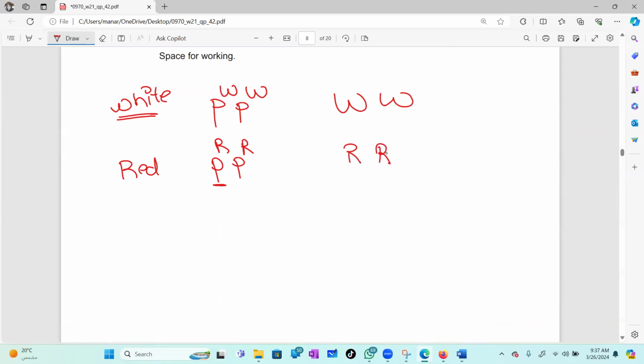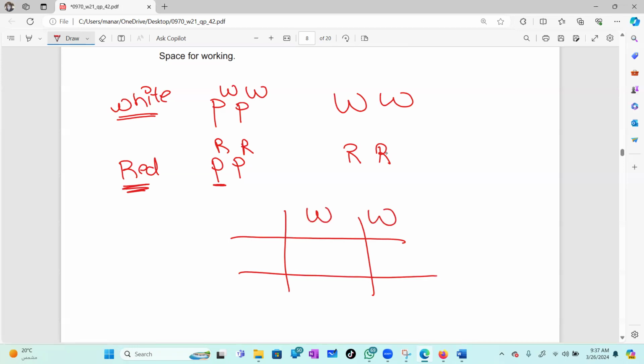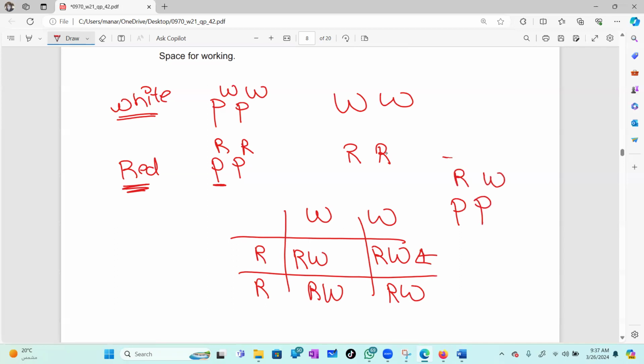So if you have a white parent crossed with a red parent, it will look like this exactly, because this is the space provided to carry out your work. This is a white parent crossed with a red parent. All the offspring will be heterozygous. All the offspring will be RW, codominant. You can write it like this, or you can write P, R capital, and W capital.